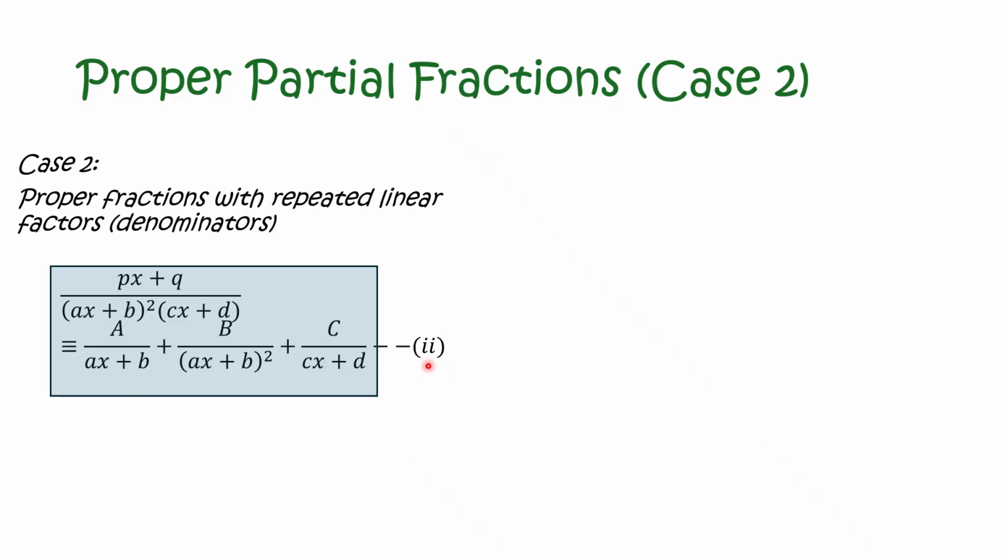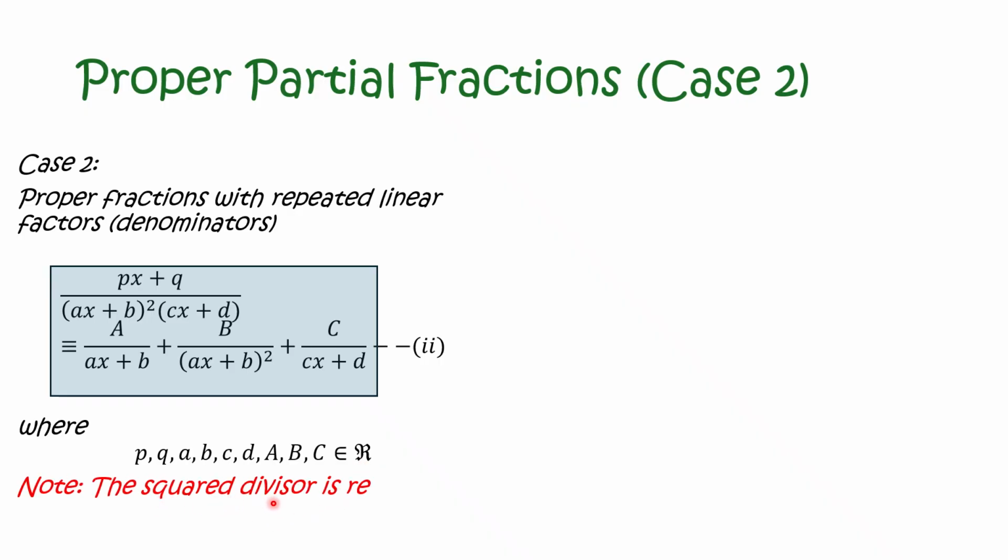Let's label this equation 2 in Roman numerals, where recall our P, Q, small letter A, B, C, D, and capital letter A, B, C being elements of real numbers. And take note, the squared divisor is repeated. One not squared and the other squared.